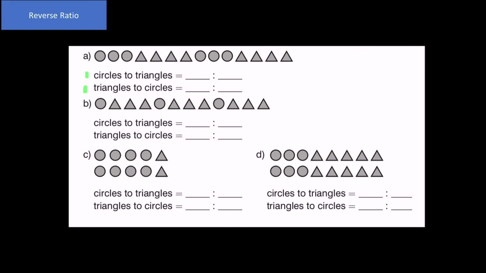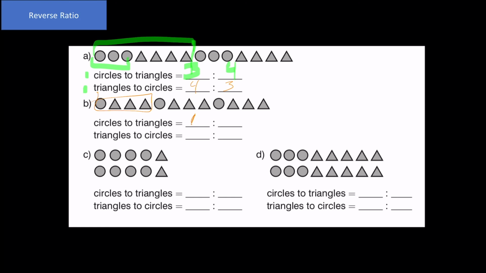All right, welcome back. Circles, I have 3, this is my core pattern here that repeats. So for every 3 circles, I have 4 triangles. And then triangles to circles, I have 4 triangles to every 3 circles. Again, here's my core pattern that repeats.